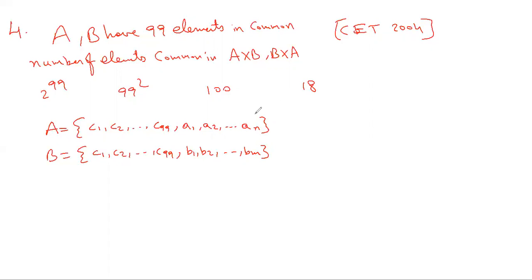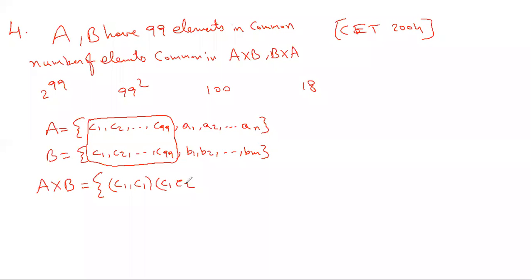So in this case, if you calculate A cross B, you'll have the Cartesian product, of course, with the C's as the first element and the A's as the first element. If you consider these two in A cross B, C1, C1, C1, C2, like that, having only C1s and C2s up to C99, C99.